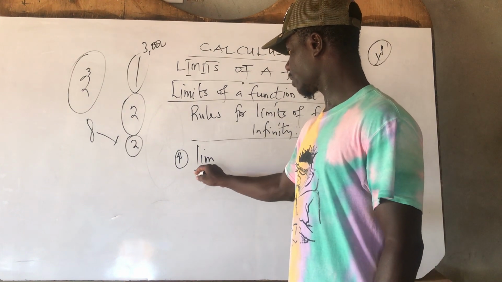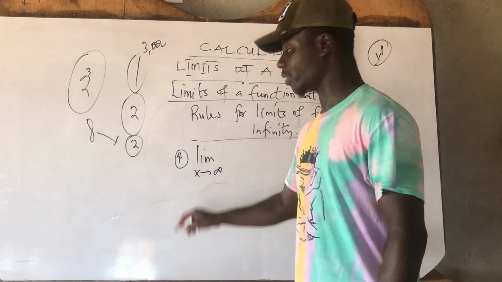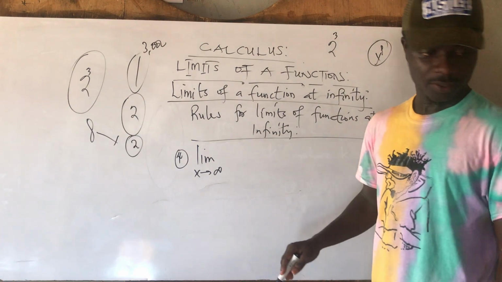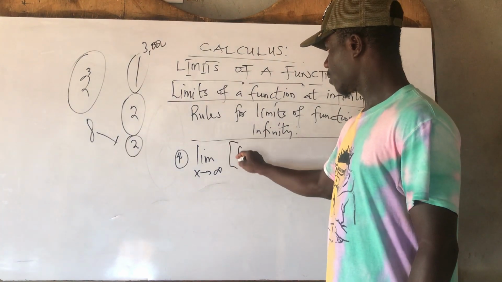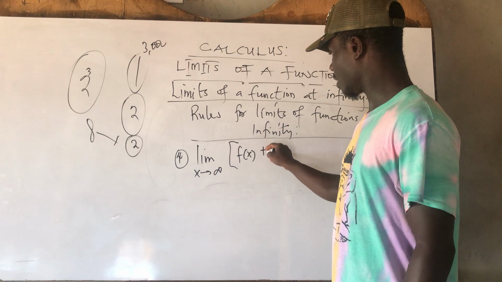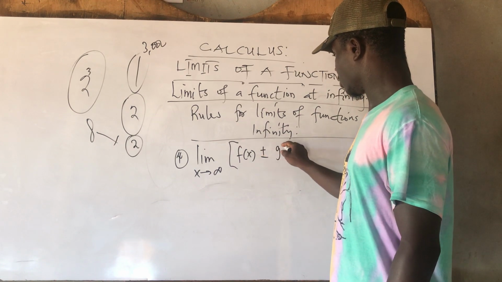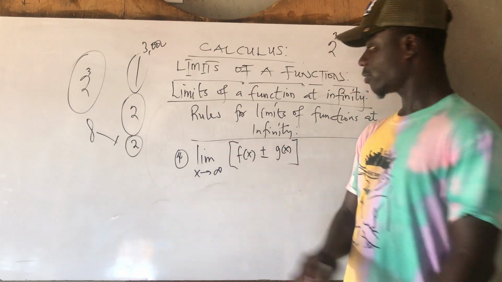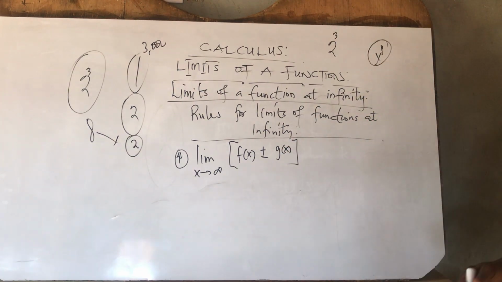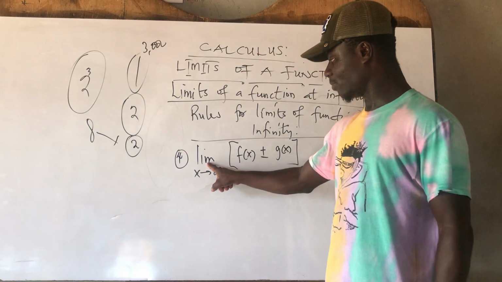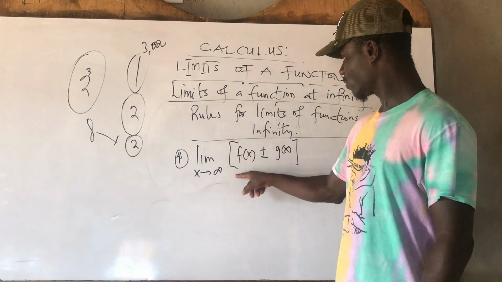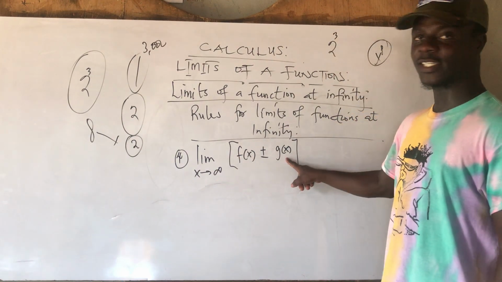The limit as x approaches infinity of f of x plus or minus g of x. What will that be? So now here, the limit as x approaches infinity of this f of x plus or minus g of x.